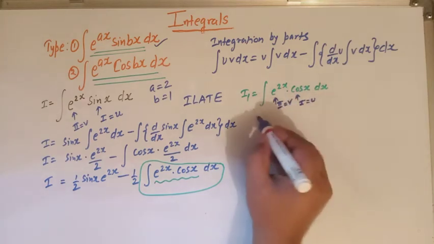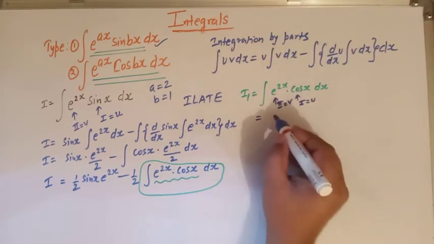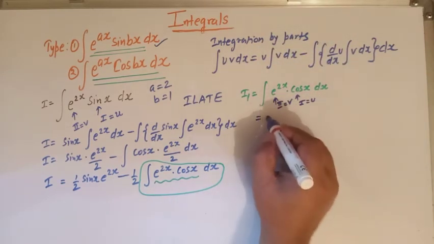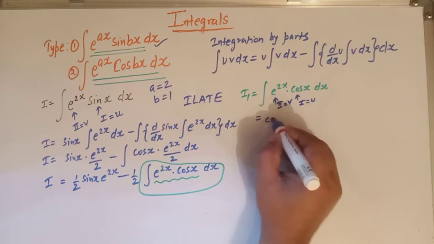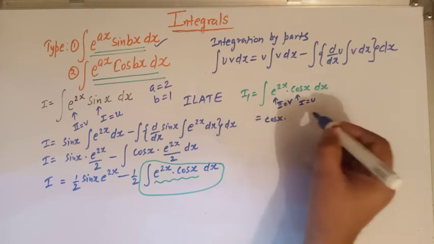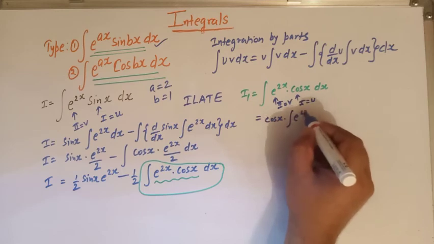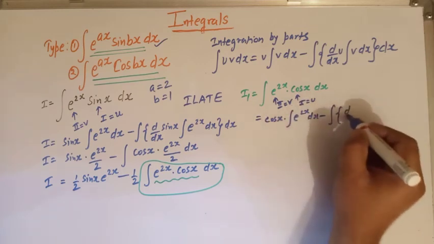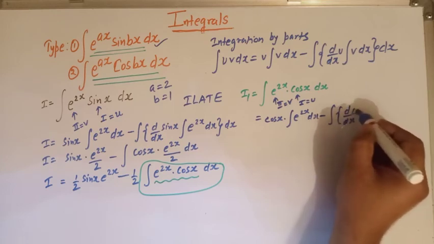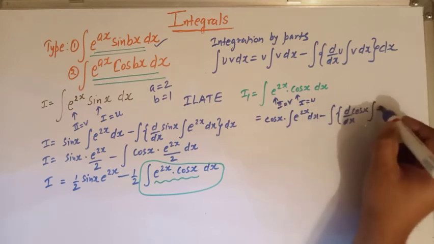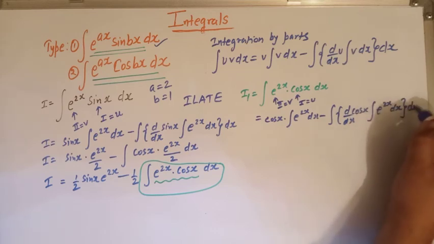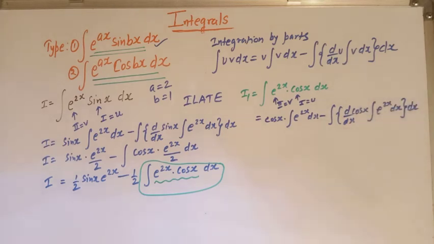So let us apply the parts rule to this integral. We have cos x times the integral of e raised to 2x dx, minus the integral of the derivative of cos x times the integral of e raised to 2x, dx.